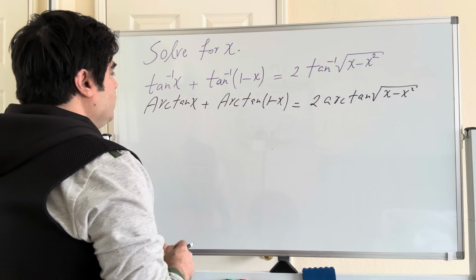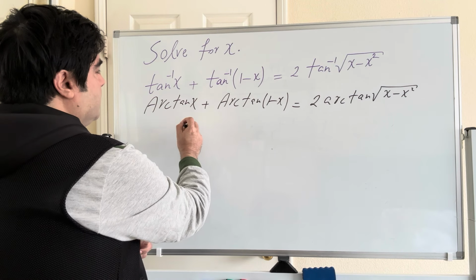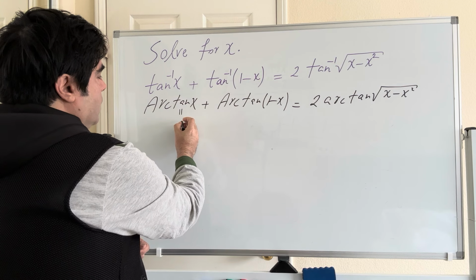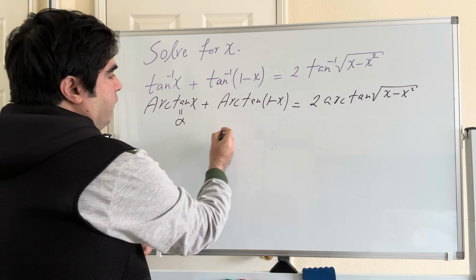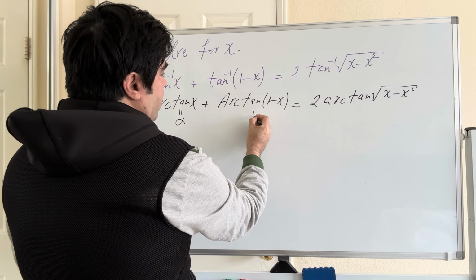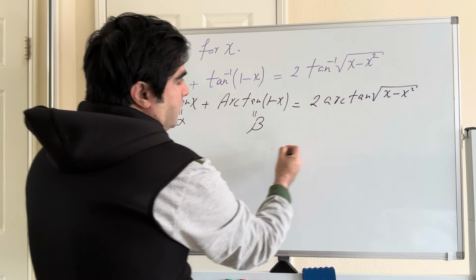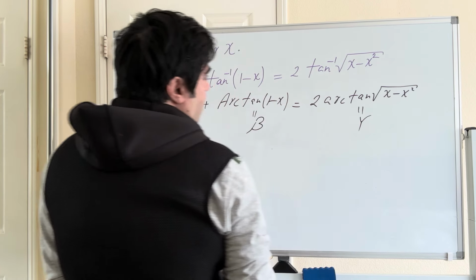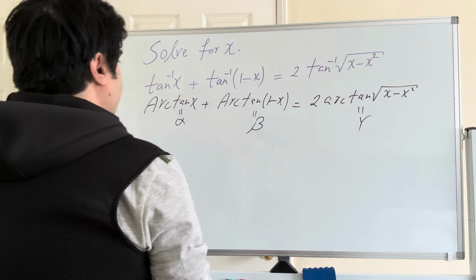So the way you want to solve it is we want to set each one to a value. This one is going to be alpha, these are equal to an angle. This is going to be beta, and this one is going to be gamma, right? Greek notations make life easier.